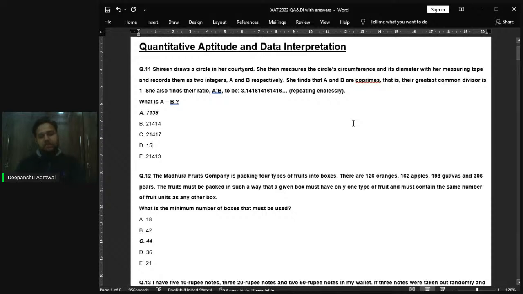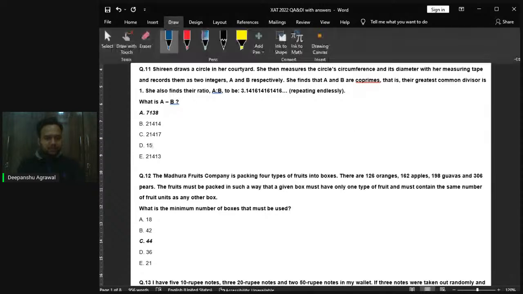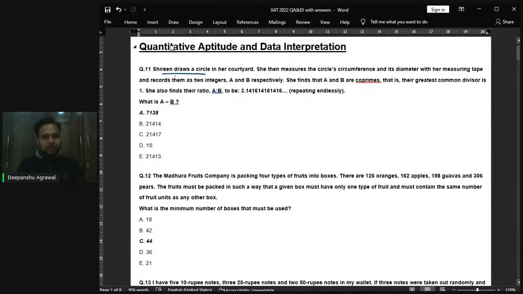All right. So question number 11 says that there's a person, Shireen, who draws a circle in her courtyard. Then she measures the circle's circumference and its diameter with her measuring tape and records them as two integers.